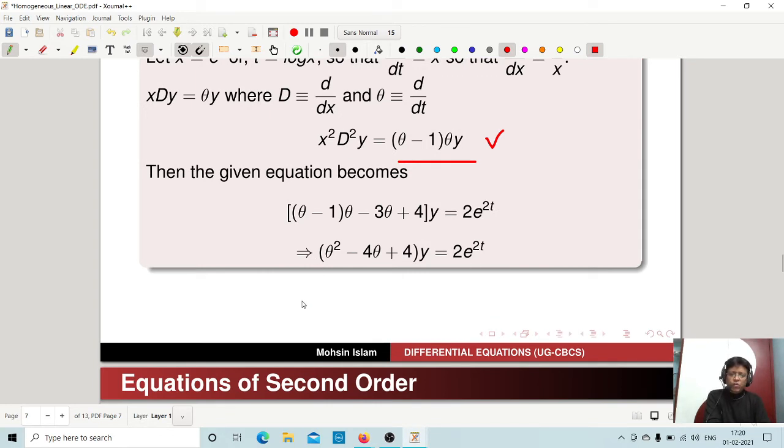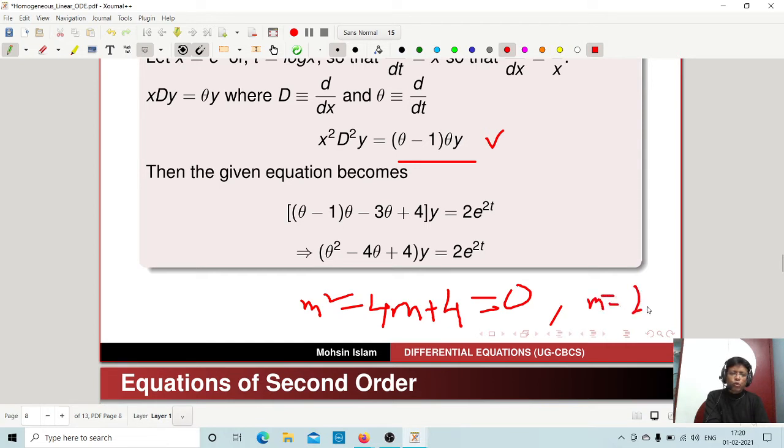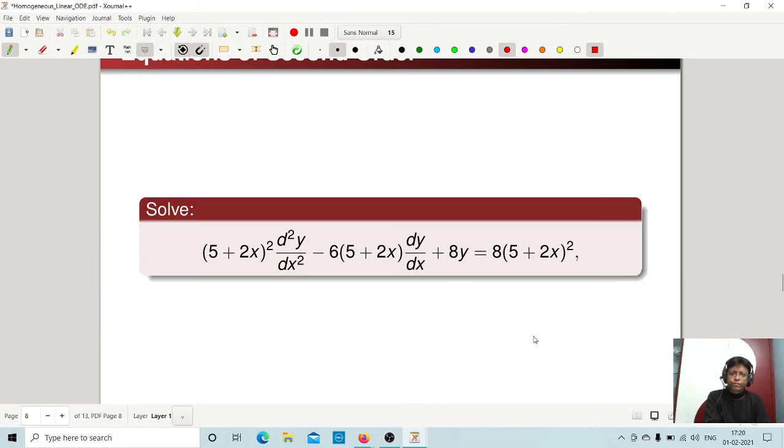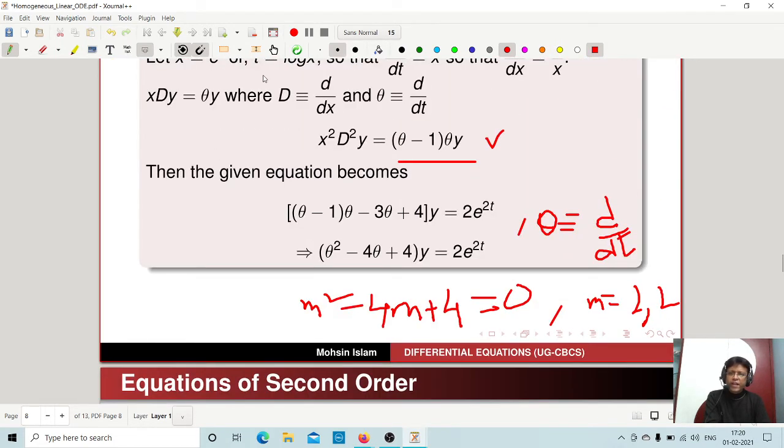The auxiliary equation is m squared minus 4m plus 4 equal to 0, and the roots are equal. Values of roots are 2, 2; roots are real and equal. So you can write the complementary function, but remember theta is equivalent to d/dt. Don't forget that. Let me finish the calculation.